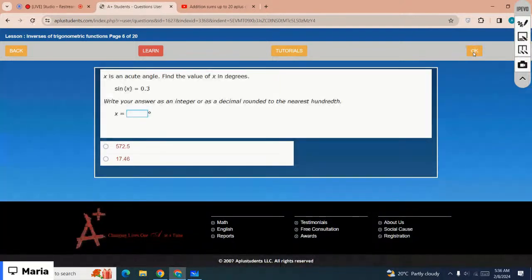The next one is sin x equals 0.3. So which is the correct option? You have to do sin inverse 0.3.